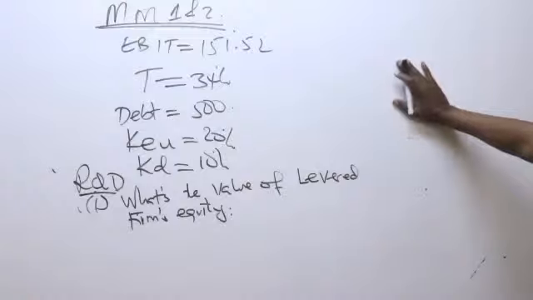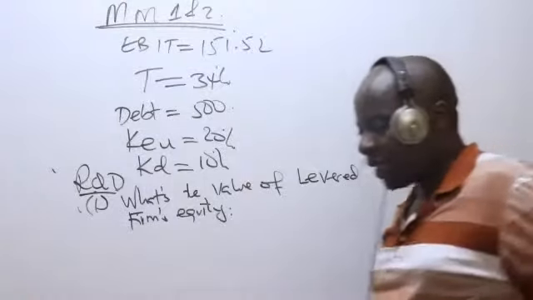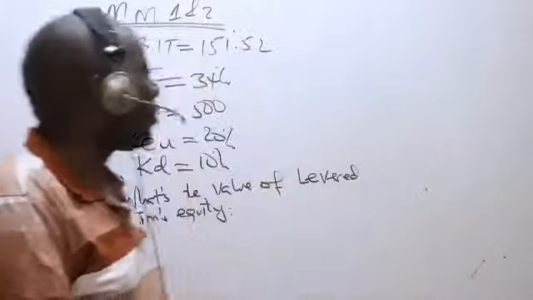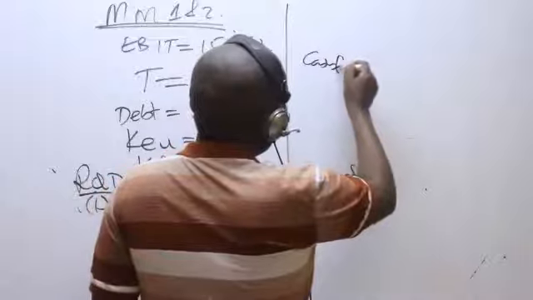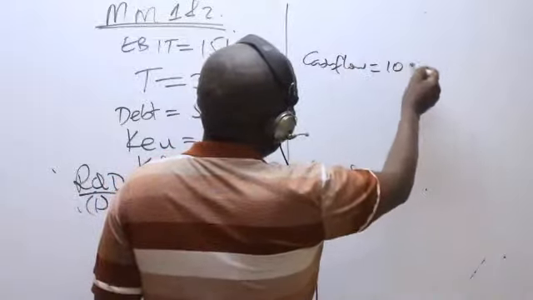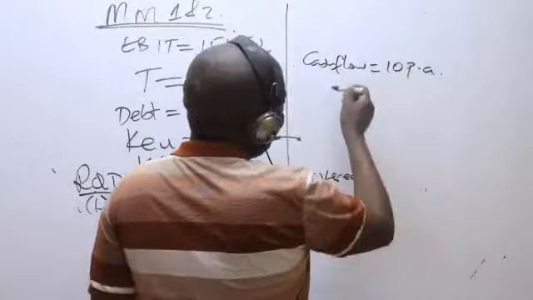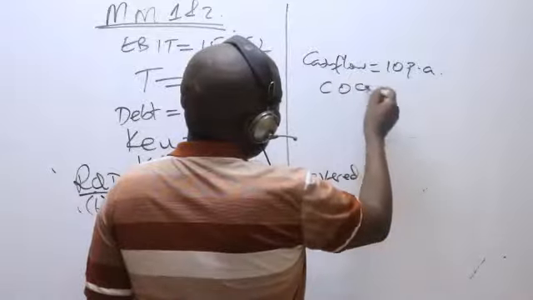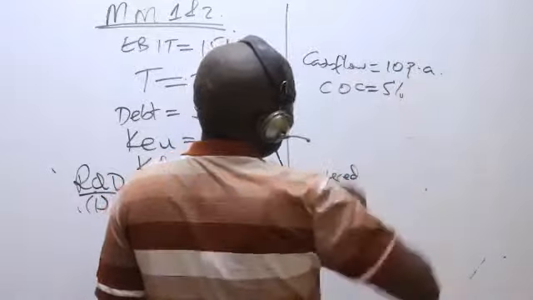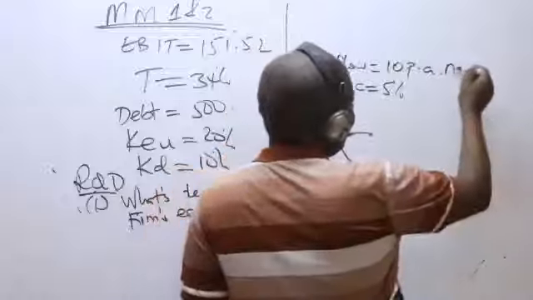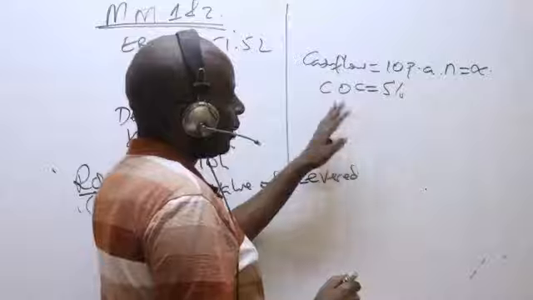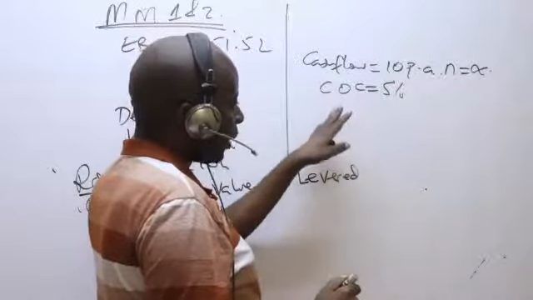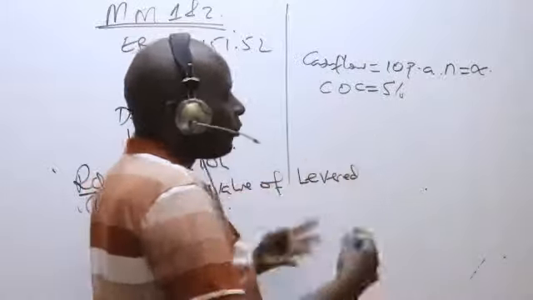And how do we value organizations? If, for example, today somebody tells you that you shall receive a cash flow of 10 million per annum, and you are given a cost of capital of 5%, and N is infinity. How do you get the value of this firm?